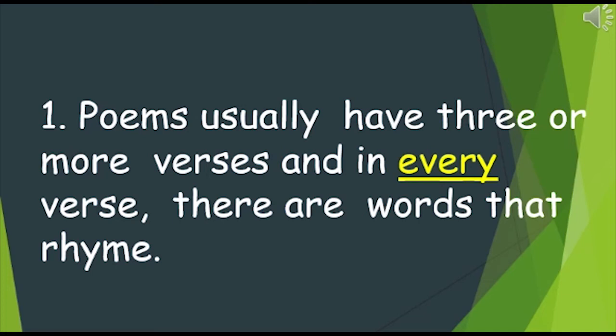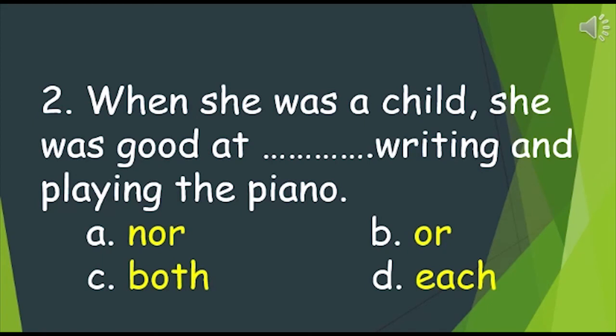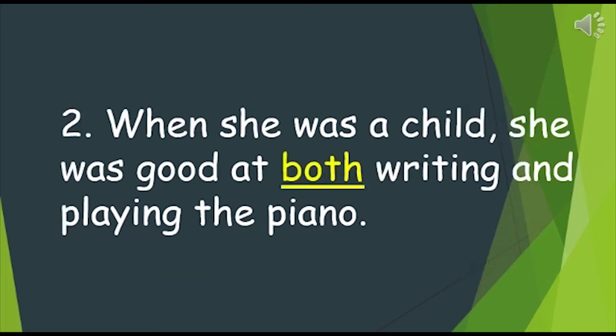When she was a child she was good at both writing and playing the piano. Nor, or, both, each. The answer is both. When she was a child, she was good at both writing and playing the piano.